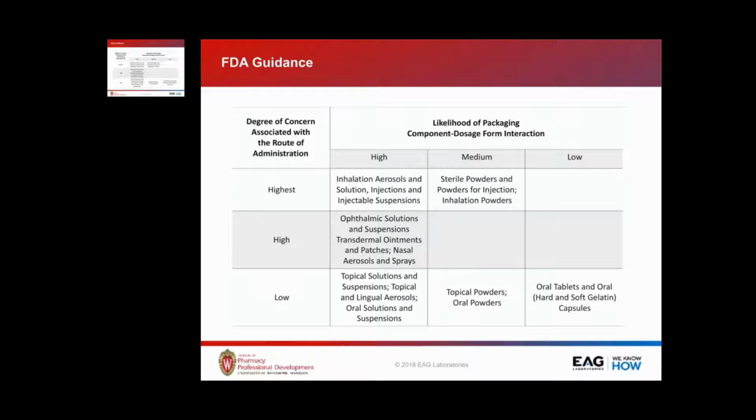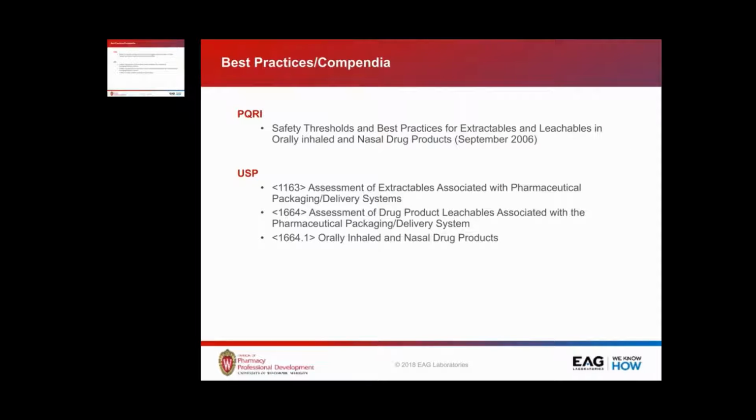So since the guidances don't give us a whole lot of information on how to perform extractables and leachables, we have to fall back on either best practices or now we have the USP chapters that will help us understand and provide some guidance. So the PQRI, or Product Quality Research Initiative, is an organization that's a conglomeration between academia, industry, and regulatory agencies that basically publish best practices or industry standards to execute studies.